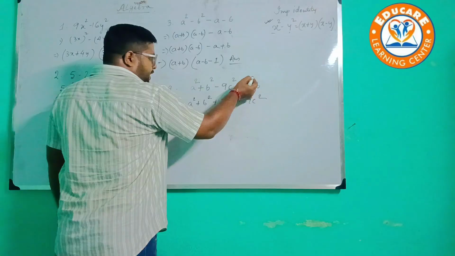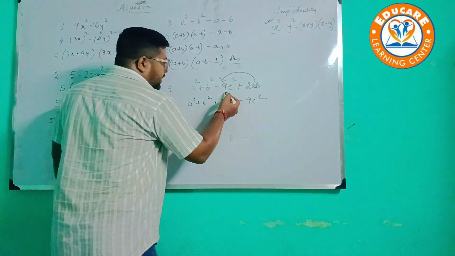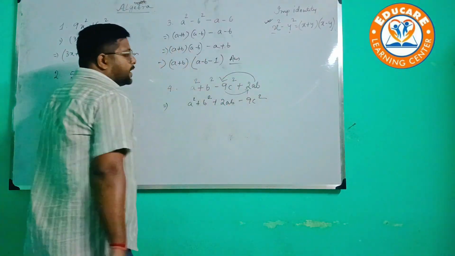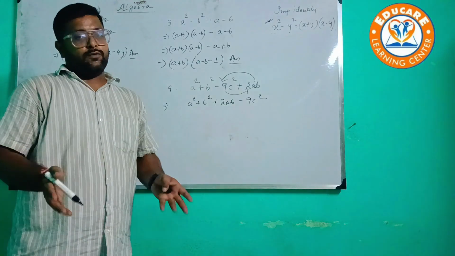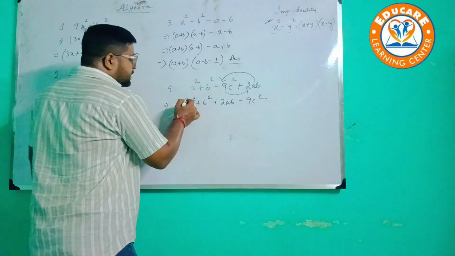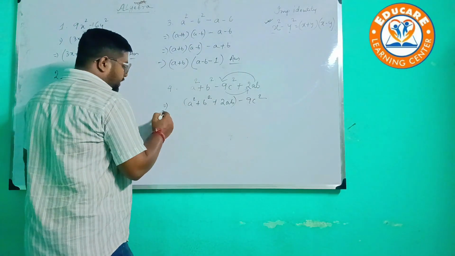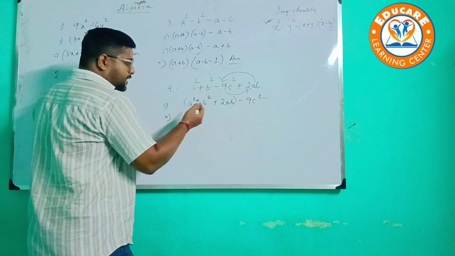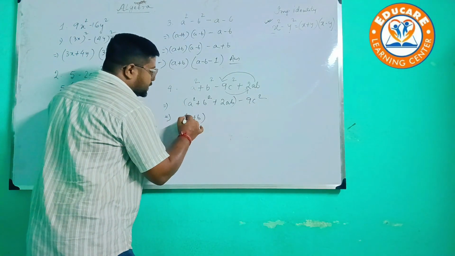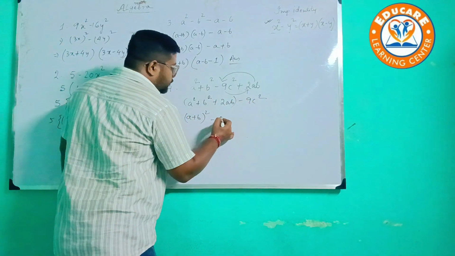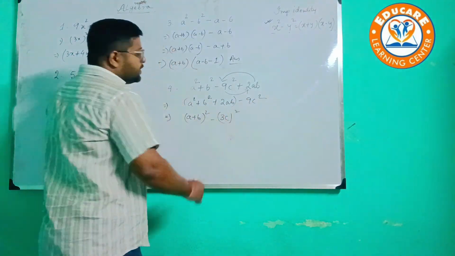What we are doing is taking this 2ab to this side and taking this minus 9c square to that side. Now the question is why we are doing this. We are doing this because this is a formula. If you look at this properly, this is actually nothing but a plus b whole square, and 9c square we can write as 3c whole square.